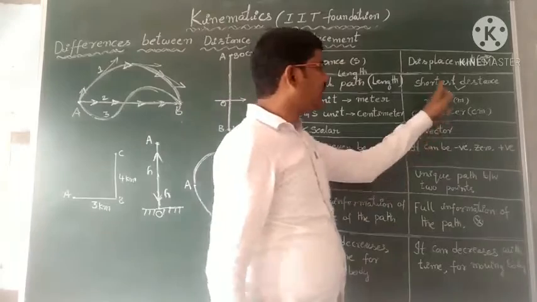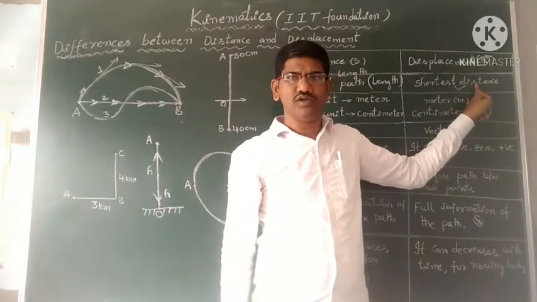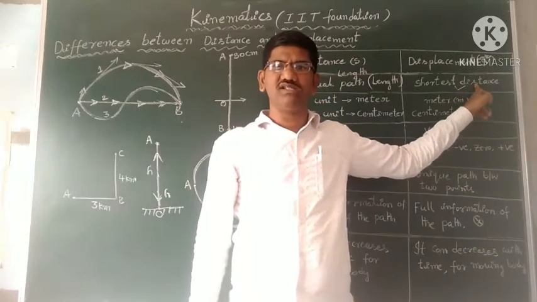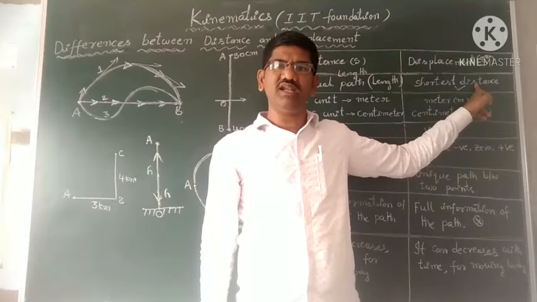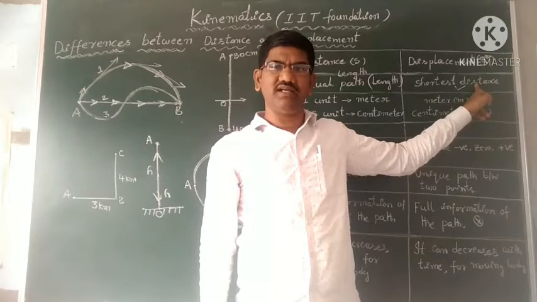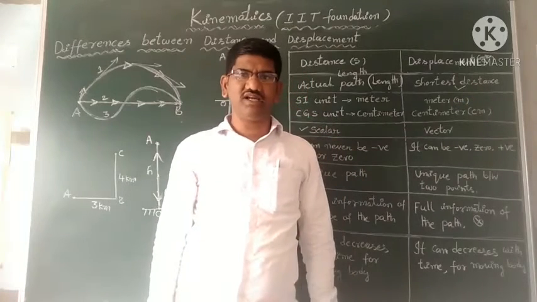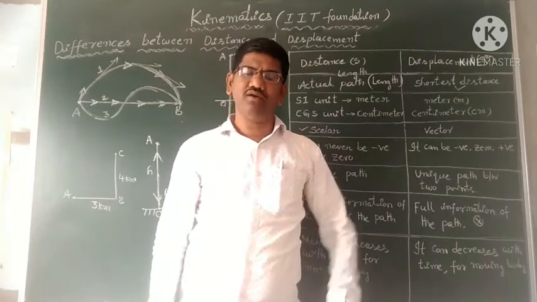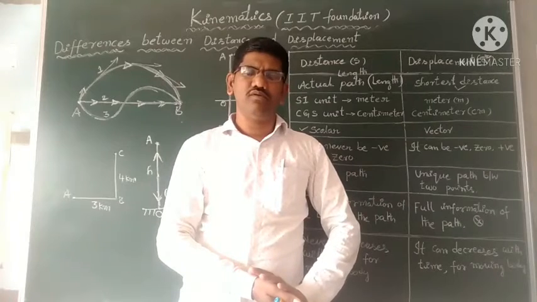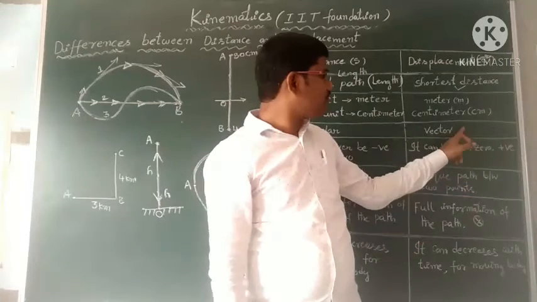And see, you are telling the shortest distance. To obtain the shortest distance, we must move in a specified direction. That's why it is a vector quantity.